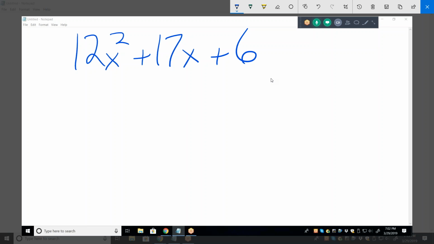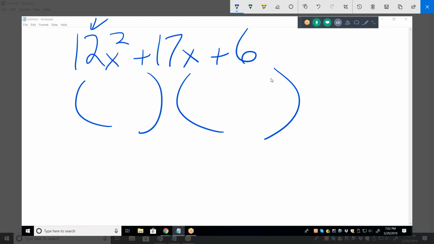The last 2 problems you gave me, there was a greatest common factor, it was -1. This problem has no greatest common factor, okay? And it's going to be extra difficult because 12 has so many factors, and 6 has a lot of factors. So we are going to have lots of trial and error here.